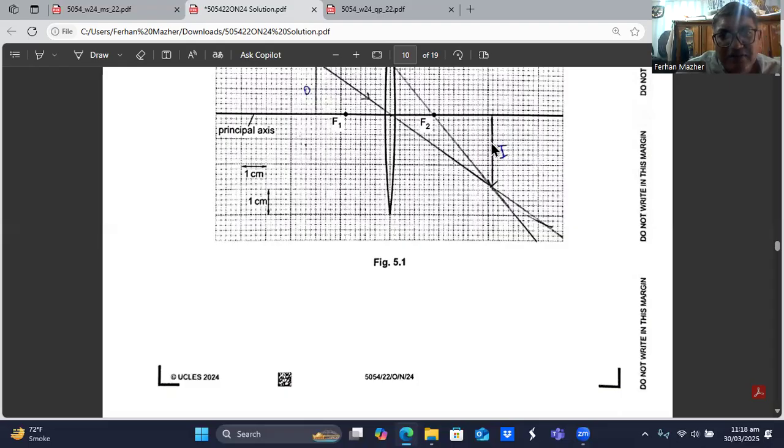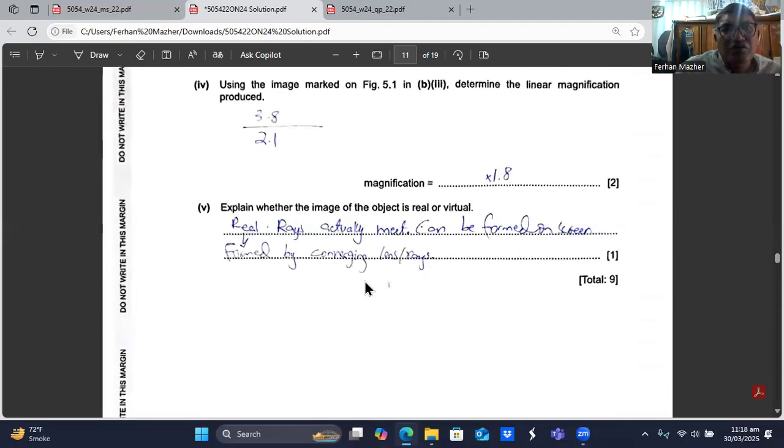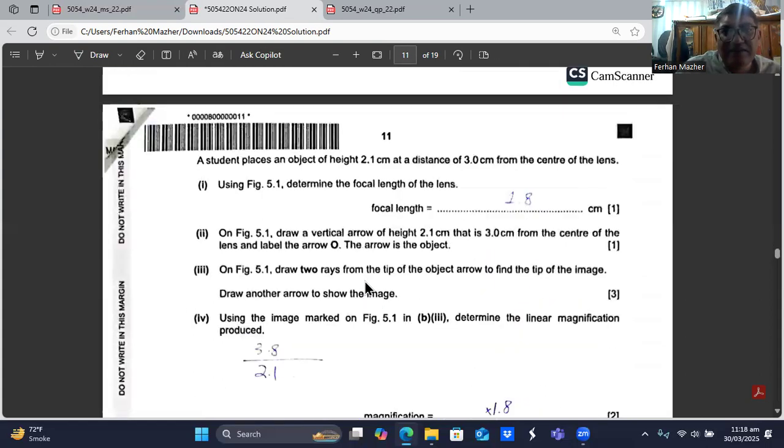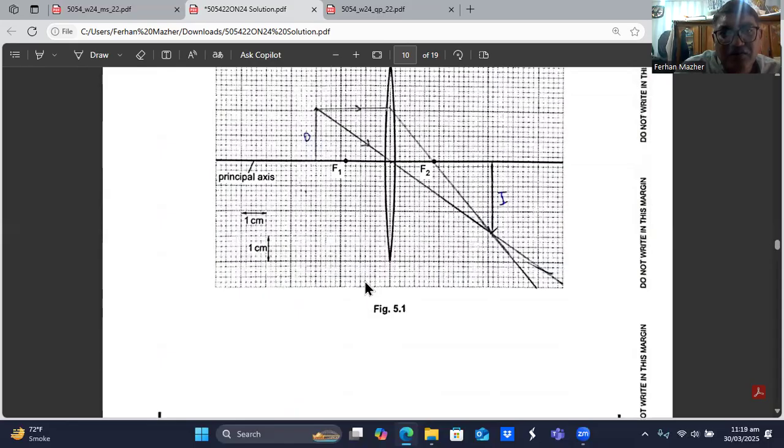So this is 1, 1, 2, 3, 1, 2, 4. So to me, it looks like 2.8. Why she has written 3.8? I am still looking for this.